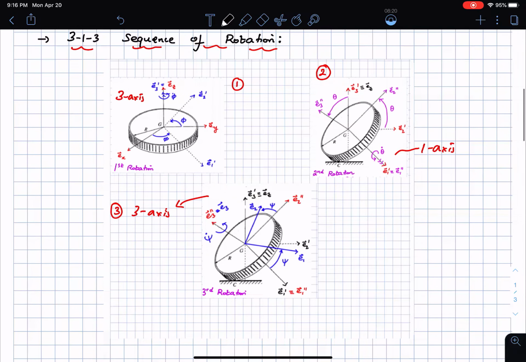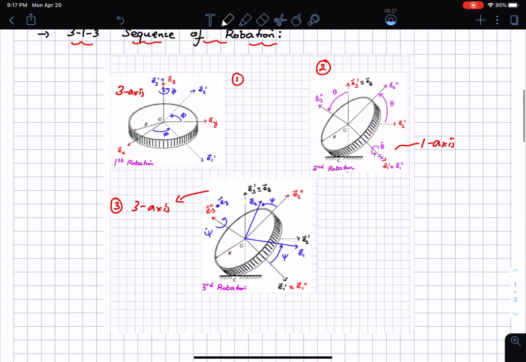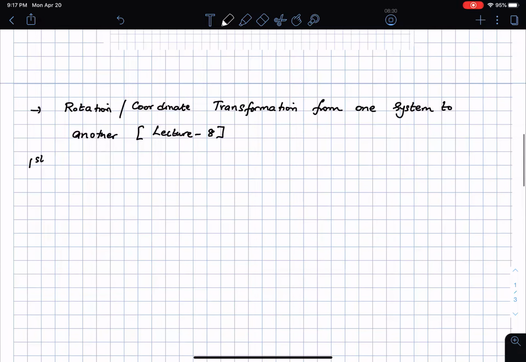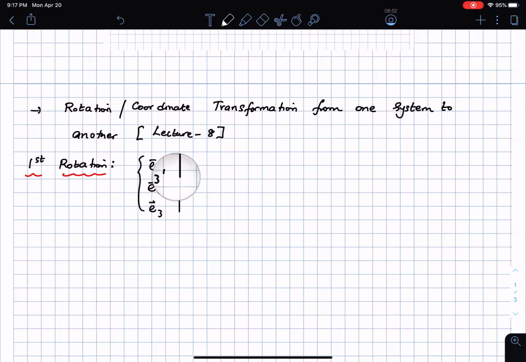In the first rotation about the 3-axis we went from ex, ey, ez to e1 prime, e2 prime, e3 prime. As usual, I need to write this because I'm going to be making use of these rotation matrices.